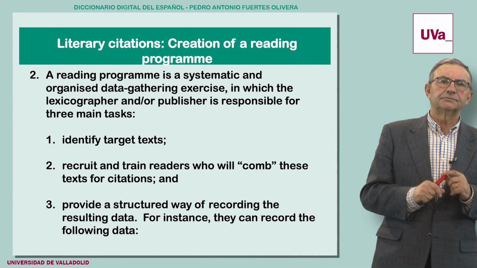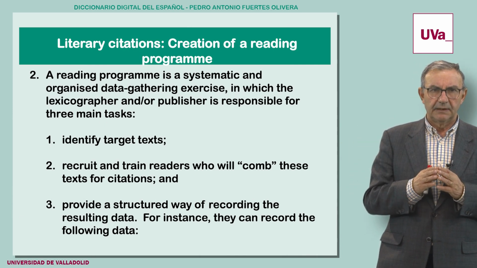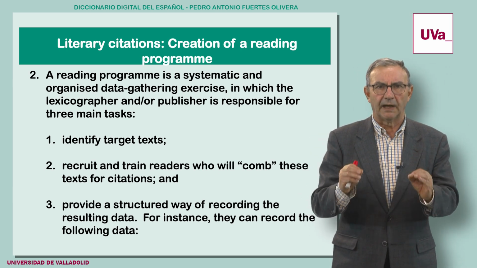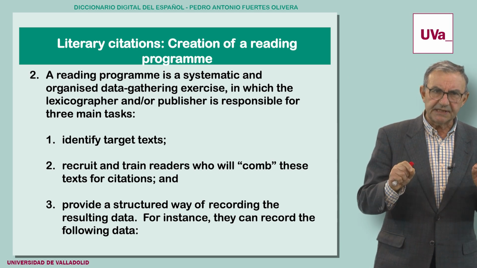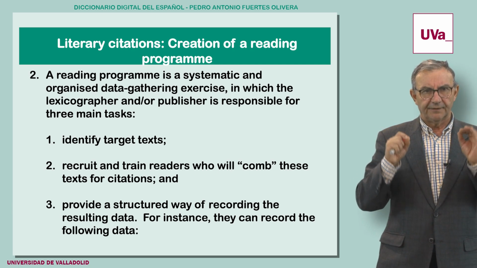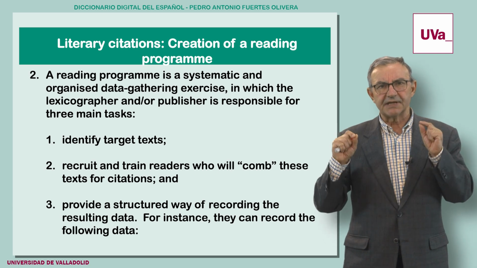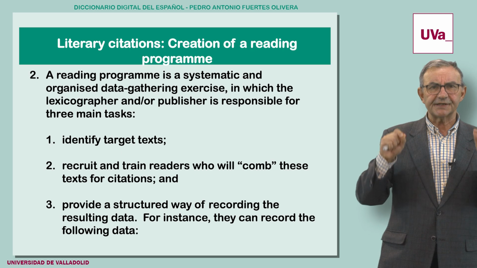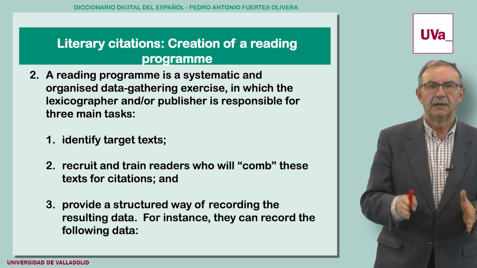Let's go now to the second method connected with literary citations. This method is the creation of a well-planned reading program. This is a systematic and organized data gathering exercise in which the lexicographer and/or publisher is responsible for three main tasks. 1.